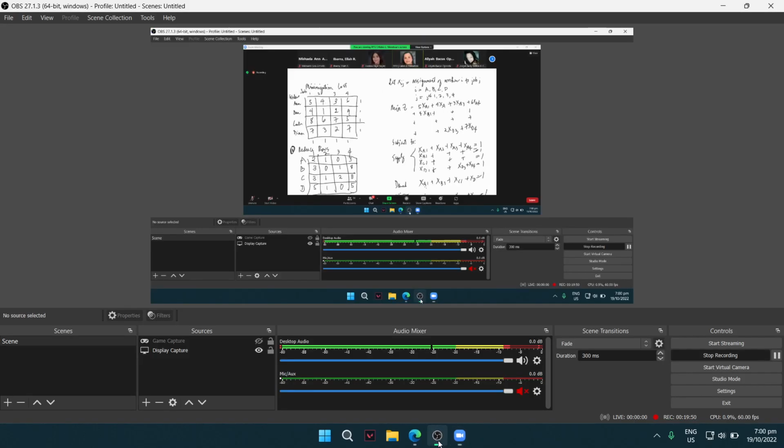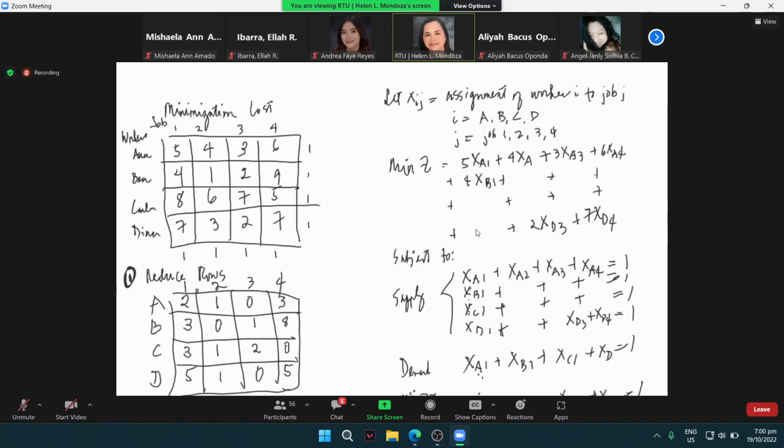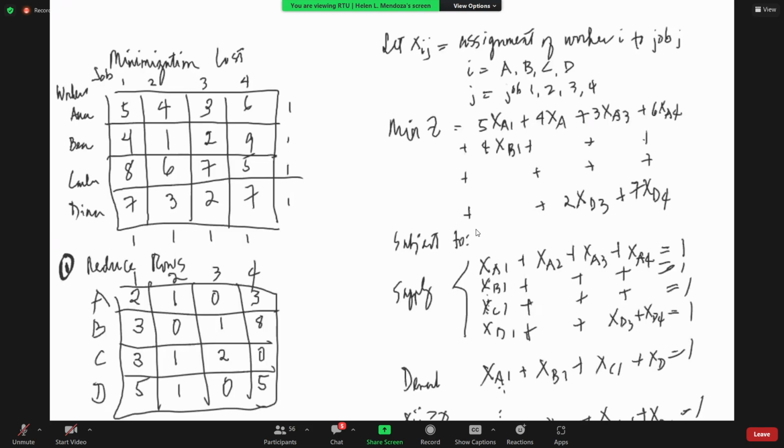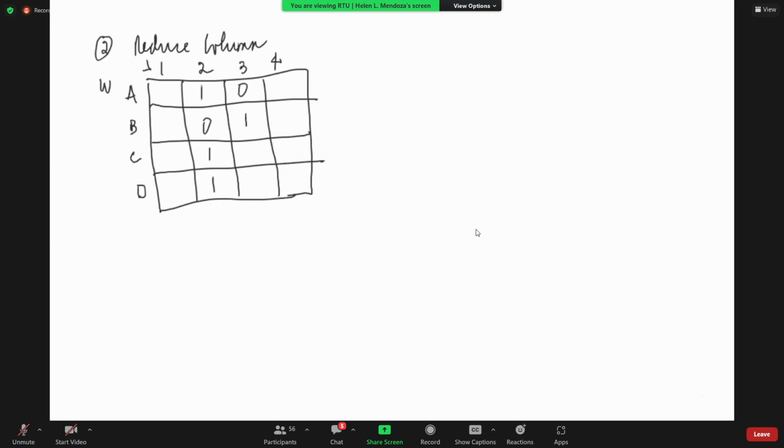Pakisabi na lang sa akin, 1, 0, 1, 1. Ano yung pangalawa? Pangatlong ano? Hindi ko masaulo eh. 0120. 0120 po, ma'am. 0120. Tapos 3805. Okay.